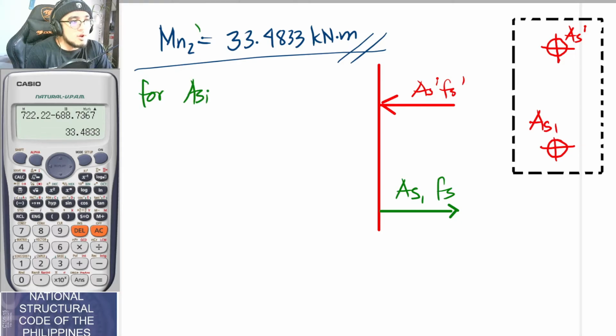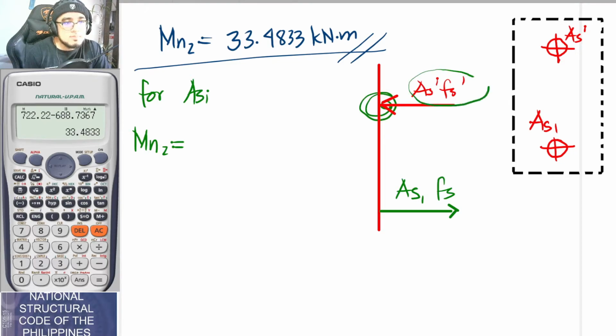So for AS1, equate this to the moment Mn2. It is equal to, so I will be getting the moment about this point, so that AS prime Fs prime would now cancel out and would not be included in the equation. So with that, AS1 Fs.